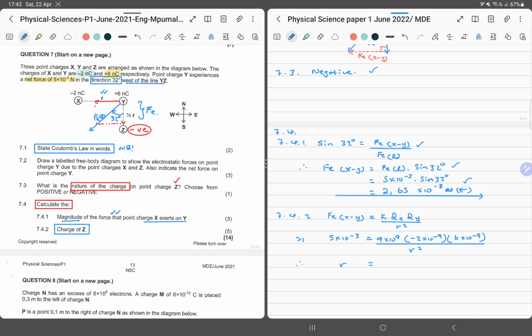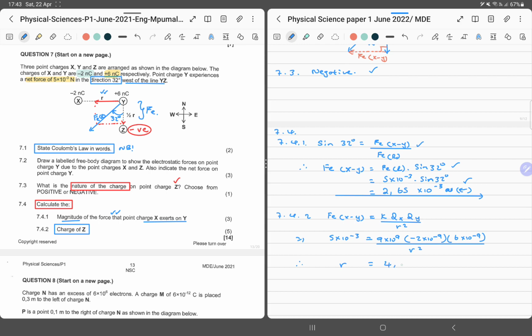So this is the square root of 9 to the 9 into 2 times 10 to the minus 9 into 6 times 10 to the minus 9 divided by this 5 times 10 to the minus 3. So I actually swapped the values around. Yeah, that looks a bit convincing.